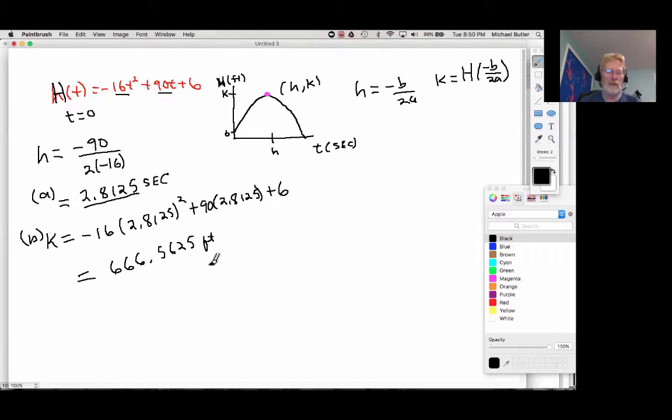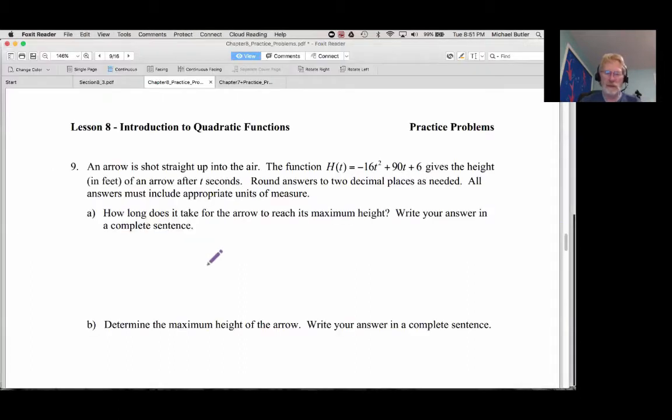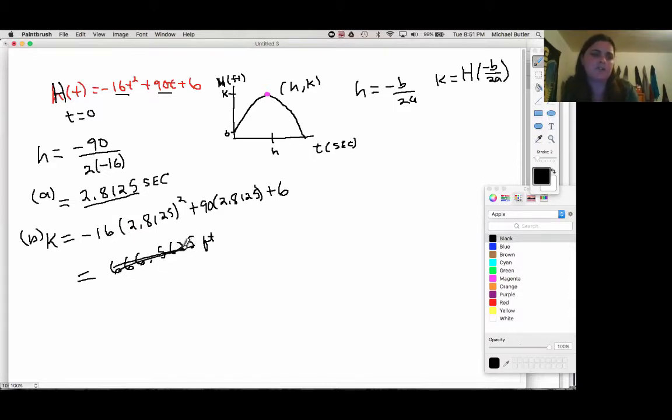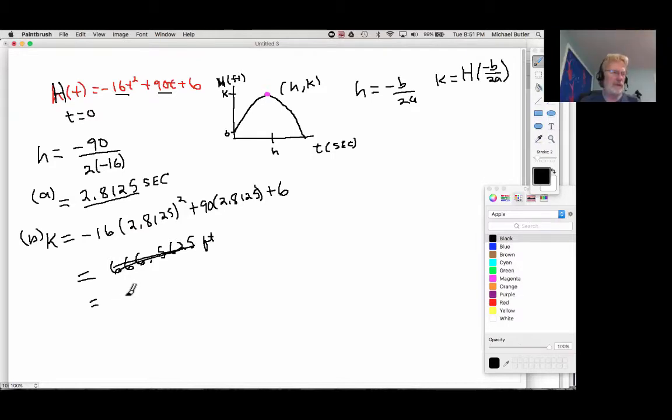All right, now we'll do what they asked us to, because I think they want us to round off here, right? They say 2 decimal places. Actually, I did that math wrong. It was way off. I forgot a parenthesis before the plus 6, so it actually ended up being 132.5625. I said it's a rocking arrow to go 666 feet.